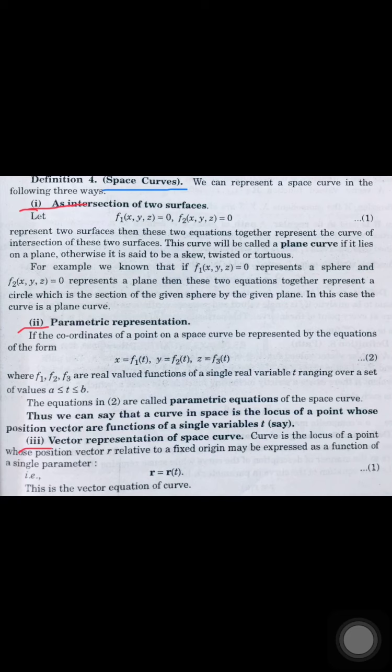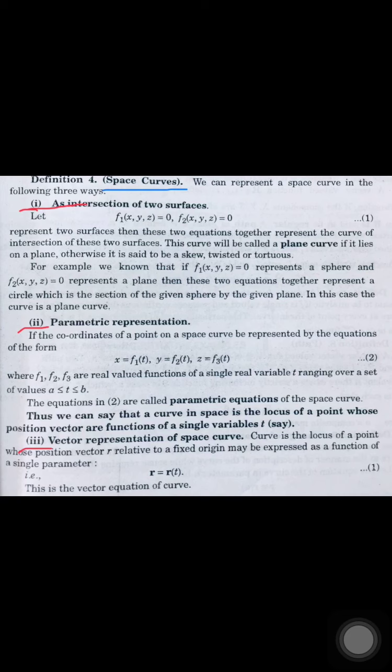So the coordinates of a point on a space curve are represented by equations of the form x equals f1(t), y equals f2(t) and z equals f3(t), where f1, f2, f3 are real valued functions of a single real variable t, ranging over a set of values where t lies between a and b. This form of equation is known as the parametric equation of the space curve.